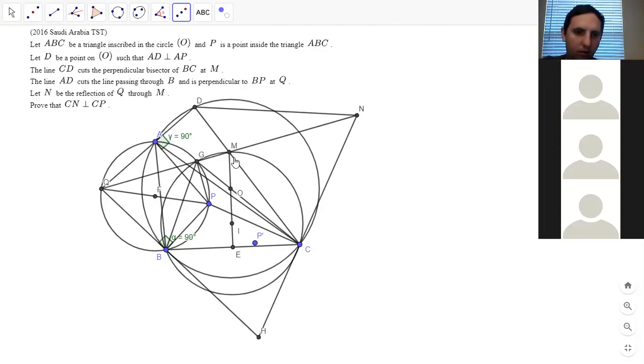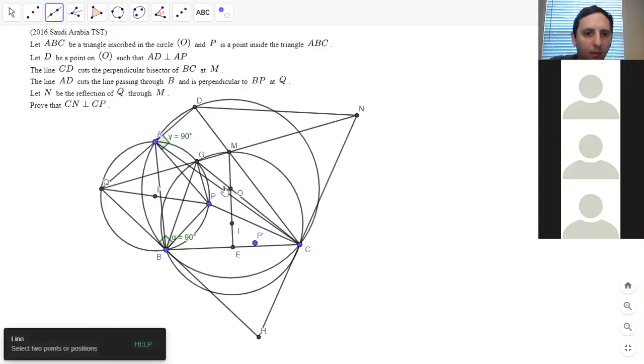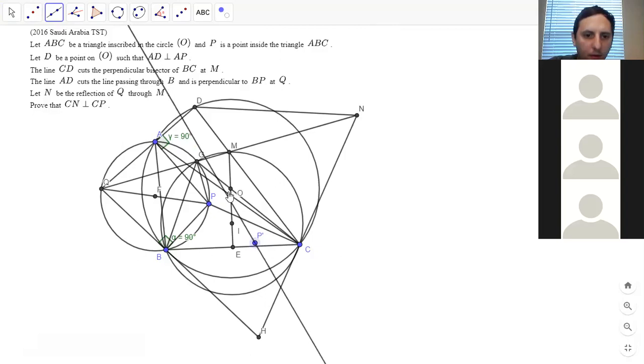If I can prove that P'M is perpendicular to QN, we will finish this problem. Yeah, if I can show that, that would solve it.